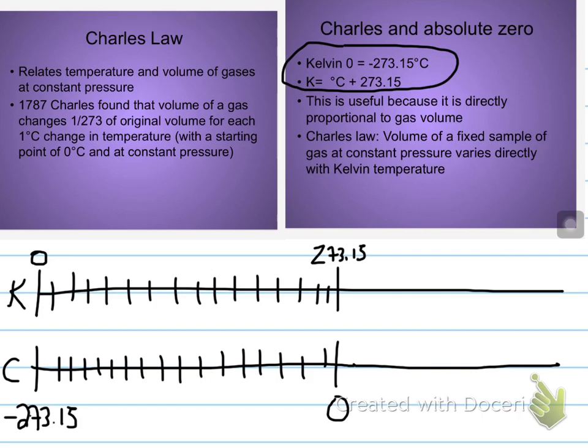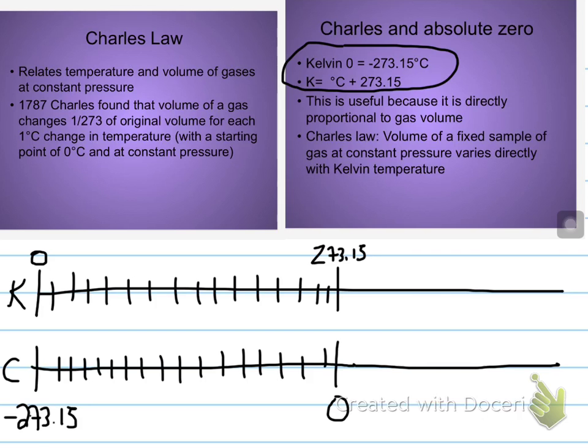So from here on out, we'll just use 273. I used to be real picky and sticklerish about 273.15, and I gave up. I quit. I gave up that battle. So the colder it is, the lower the volume of the sample. The warmer it is, the higher the volume of a sample.